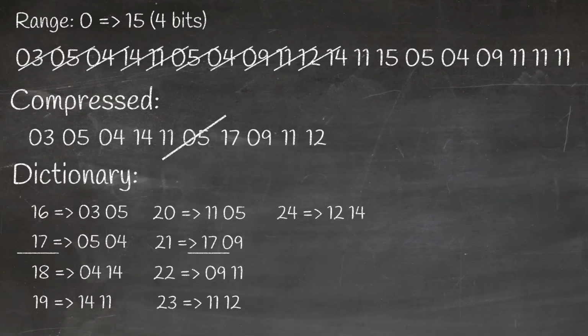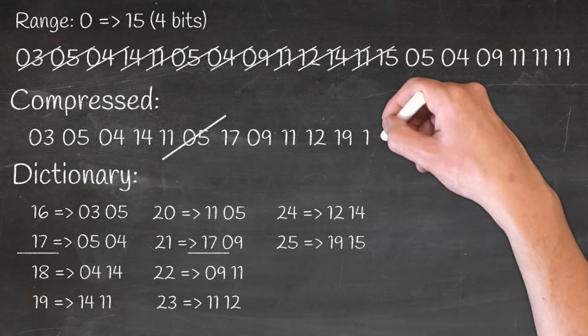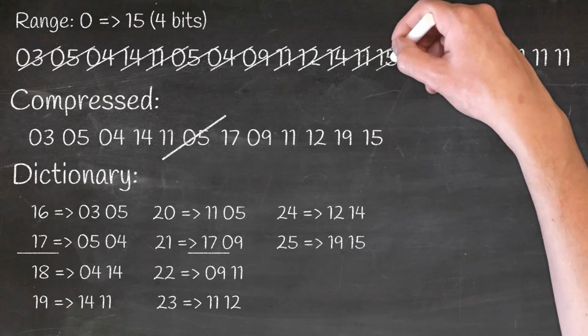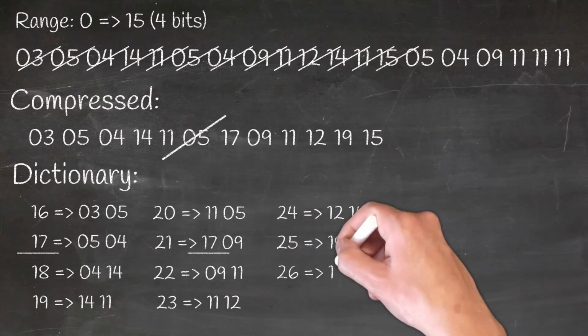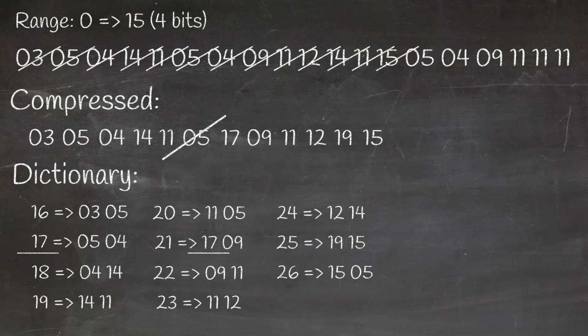Yes, it's 1411 as well. So we'll insert 19 in the output and make a pattern of 141115, or we can also say 1915 under 25. And then we'll have 15.5. Never seen anything starting with 15 before, so we'll just add 15.5 under 26 and 15 in the output.